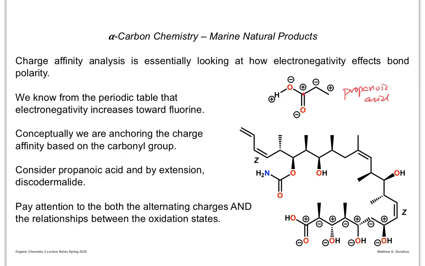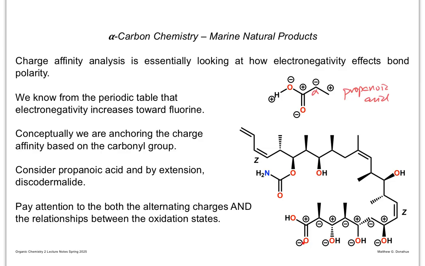We know from a carbonyl we can do a nucleophilic addition, so that's positive. The pi bond breaks, and so the oxygen, or the carbonyl, is negative. We know that the alpha carbon hydrogens can get deprotonated, so that's negative. And then what you see is just the charges alternate along the backbone.